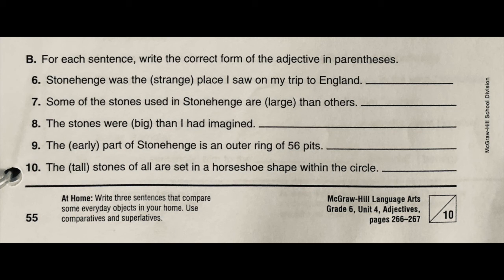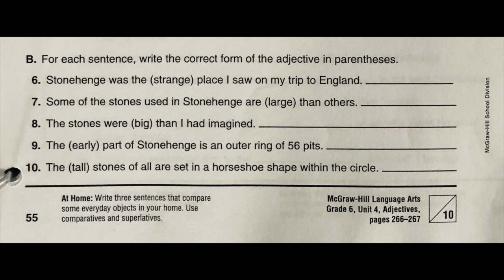So here we're comparing Stonehenge to all of the other places you saw on your trip to England. So we know that's more than 2, so we're going to choose the superlative form of the adjective. So on the blank, we would write strangest. Remember, we're making it superlative, so we have to add that EST. So on the blank, you would write strangest.